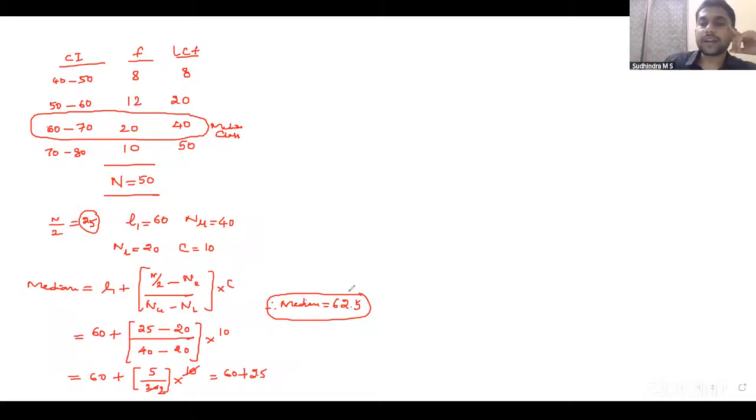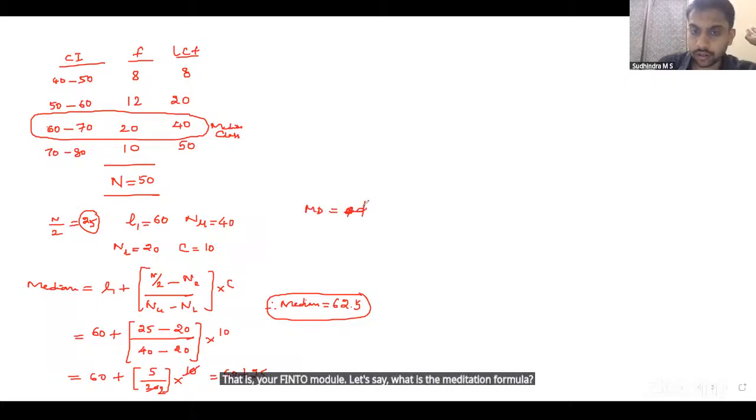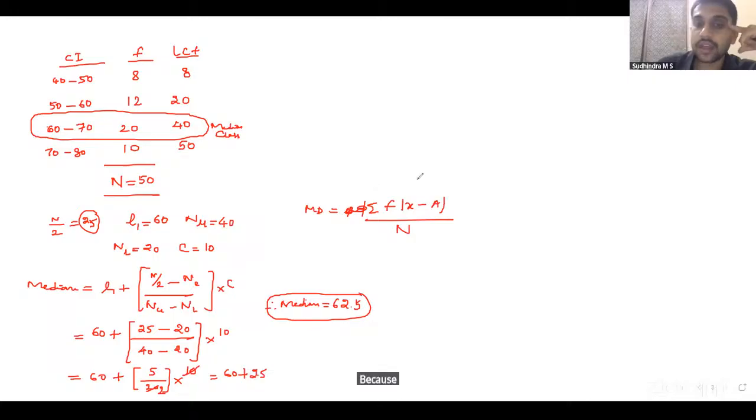Yes. Once we get the median, we want the mean deviation. What is the mean deviation formula? Summation f into modulus x minus a, by n, because this is grouped data. So what is a here? Median. So we will first calculate modulus of x minus a.